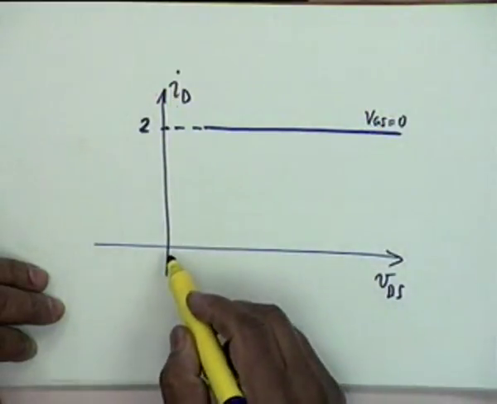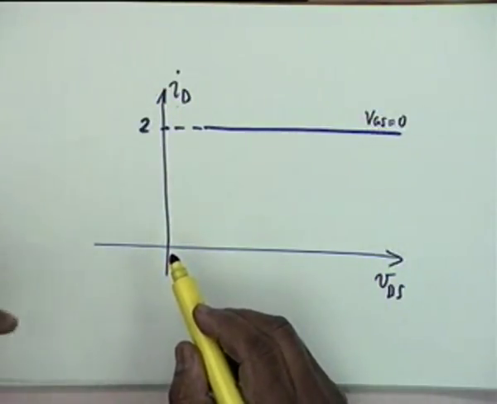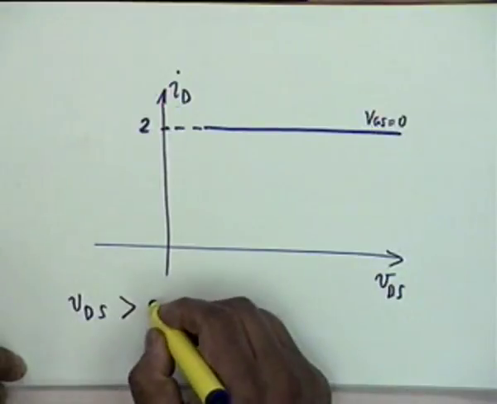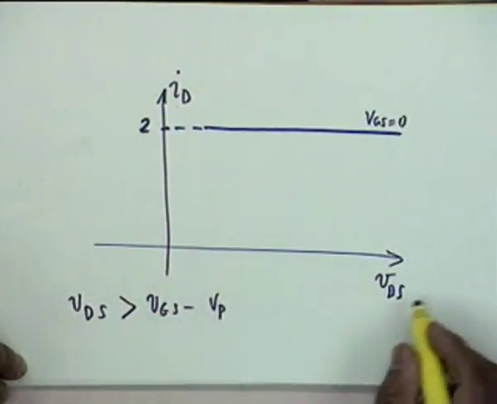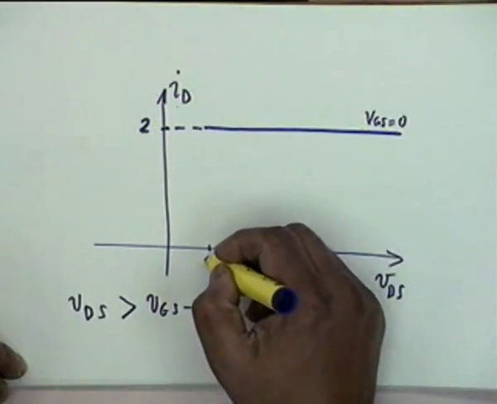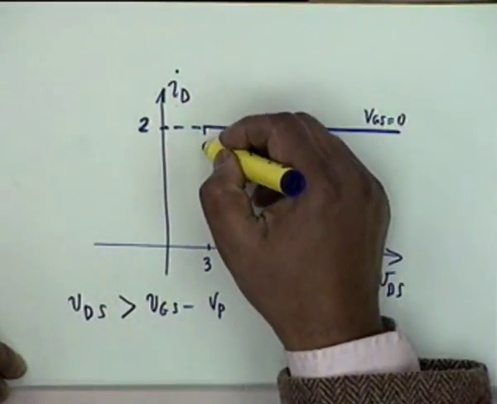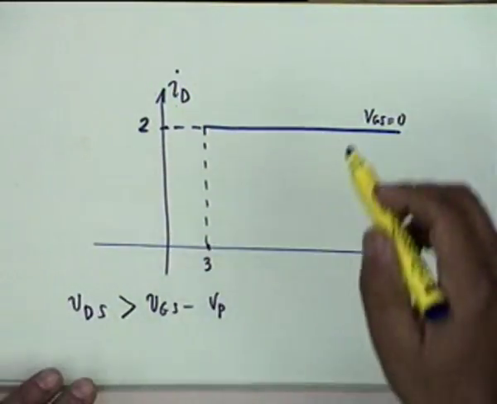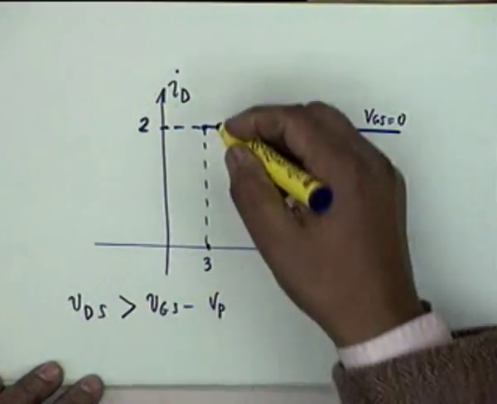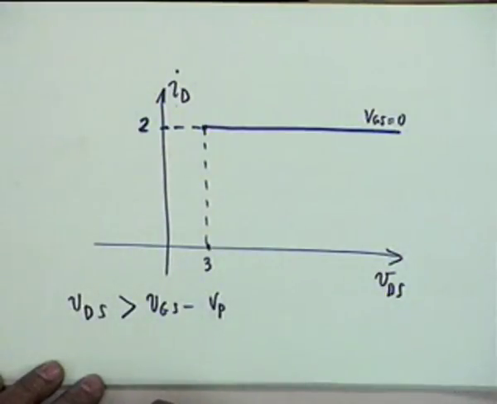The line cannot start at VDS equal to 0, because for saturation VDS is to be greater than VGS minus VP, so VDS must be greater than or equal to 3. So on this line you find the point at which the voltage is 3 and draw a vertical line. Saturation will start here. This part of the characteristic we shall have to draw ourselves. We will see how to draw this.